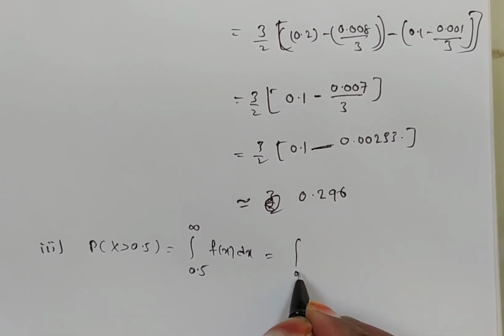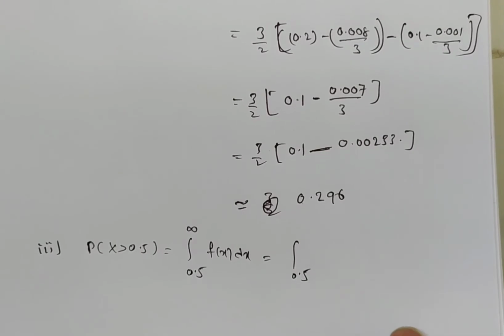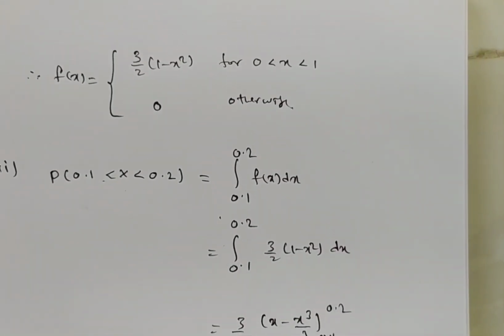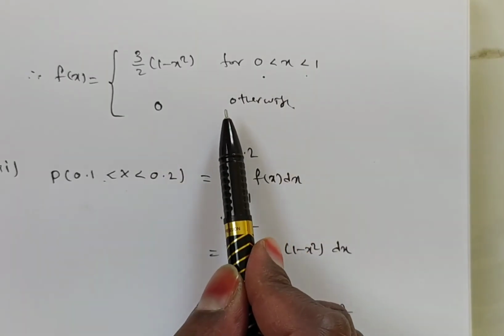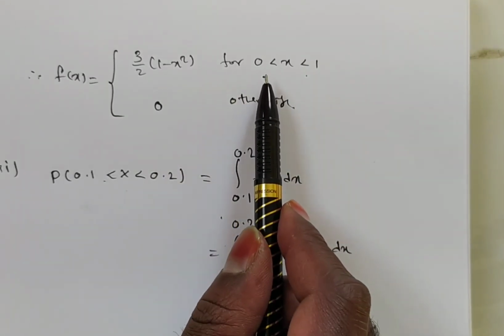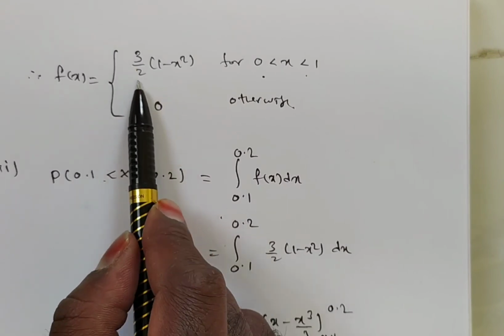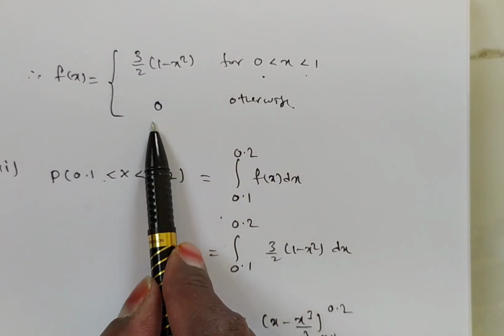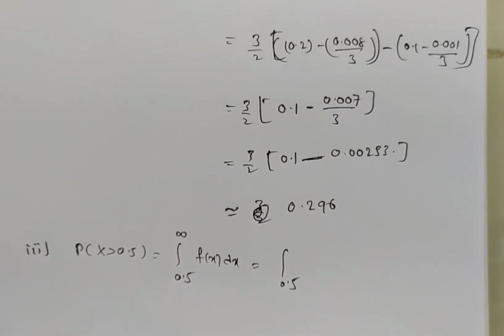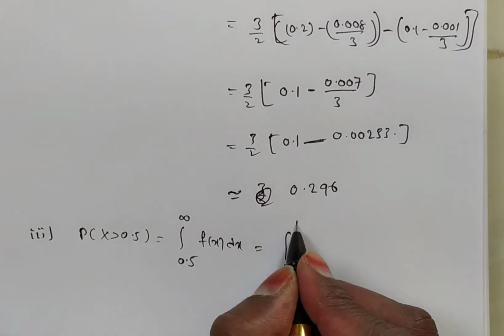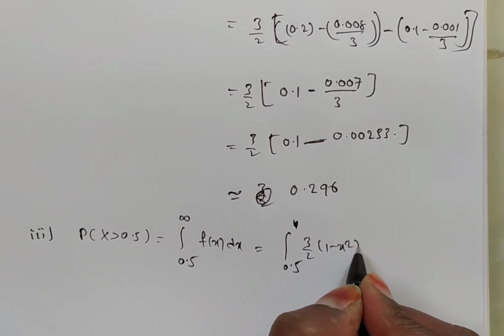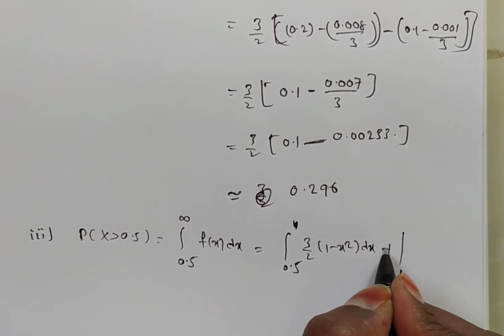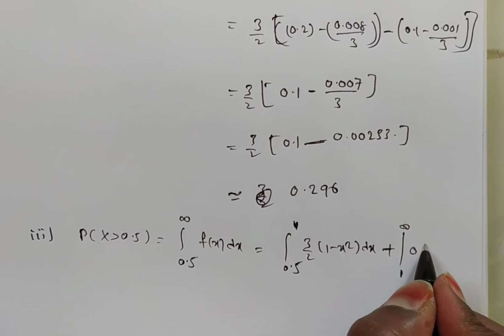Observe, the function is defined from minus infinity to infinity, but in between 0 to 1 we have 3 by 2 times of 1 minus x square, elsewhere it is 0. So we want from 0.5 to 1 only: 3 by 2 times of 1 minus x square dx. And what about 1 to infinity, the rest is 0 dx.